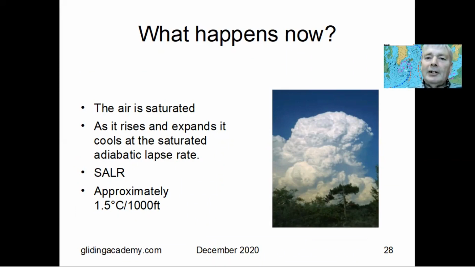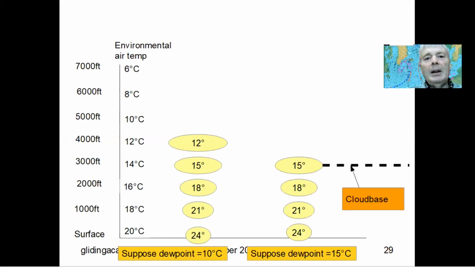It's not quite right. It's nearer 1.65, but 1.65 is difficult for the maths. So we'll keep it simple and we'll use 1.5, and you'll still get the point. So as this parcel of air continues to rise, when it gets to 4,000 feet, it's now 13.5 degrees. And when it gets to 5,000 feet, it's 12 degrees.